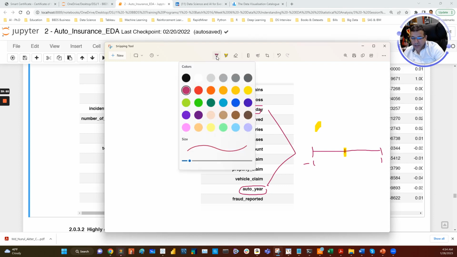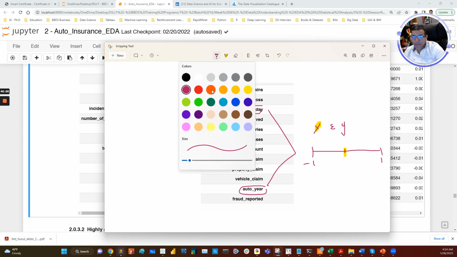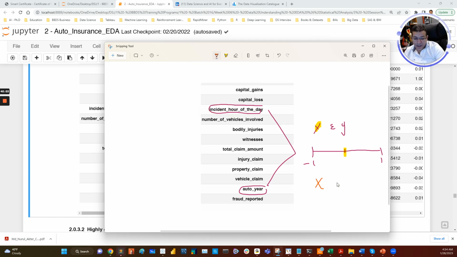X means an input, and y means the output. So now we need to look for correlation between x and different x.